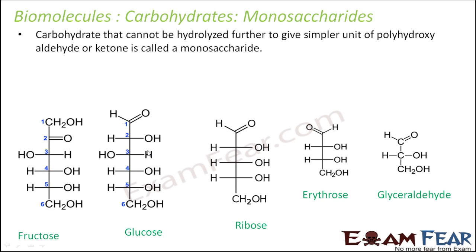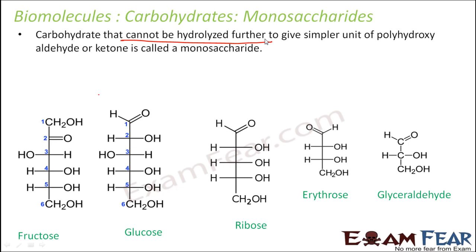So what are monosaccharides? Mono means one. So this is going to be the simplest form of carbohydrate. A carbohydrate that cannot be hydrolyzed further to give a simpler unit of polyhydroxyaldehyde or ketone. That means they are the simplest form of polyhydroxyaldehyde or ketone.